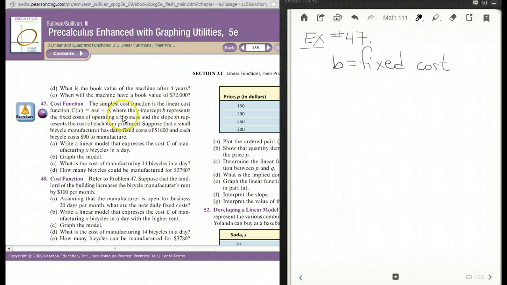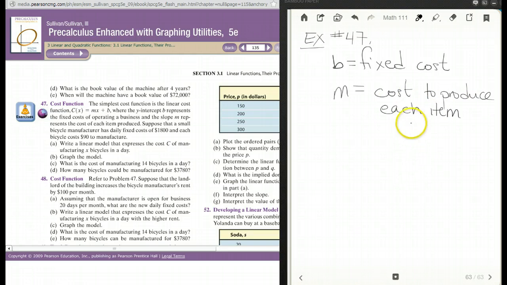Okay, and let's see what else. The slope m represents the cost of each item produced. So m here is actually the cost to produce each item. This is a cost that can change, right?